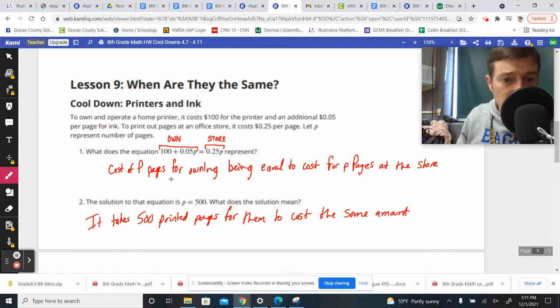So whether you own it or whether you go to the store, if you do 500 pages, they're going to cost the same. Now, if you start doing more than 500 prints, it's going to be better to own it because you're only paying 5 cents per copy.